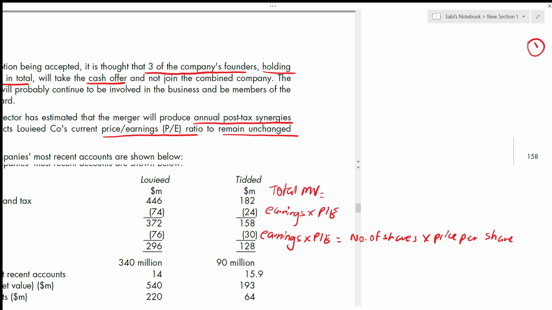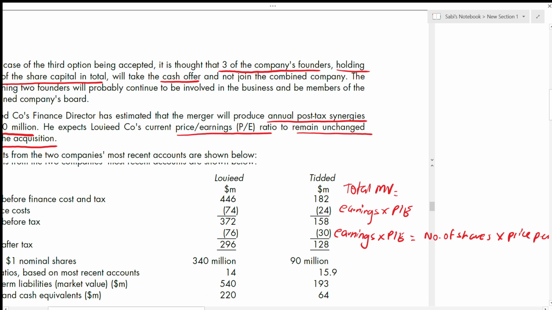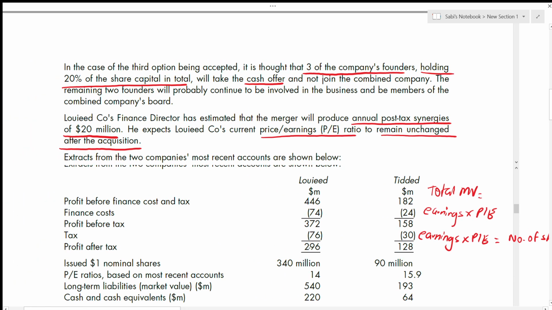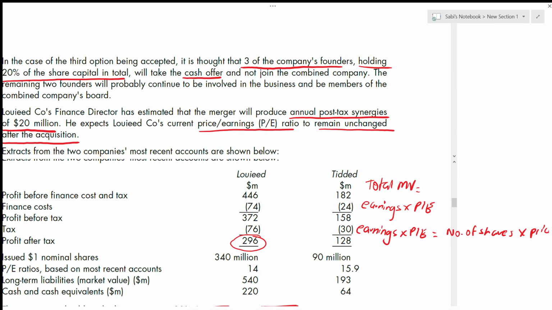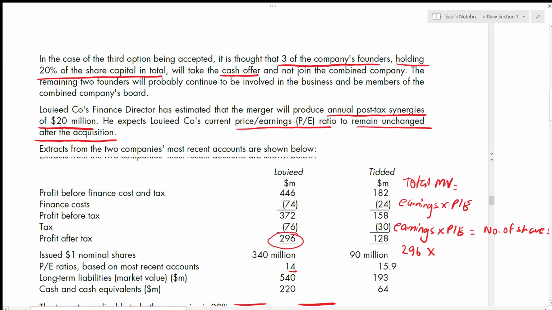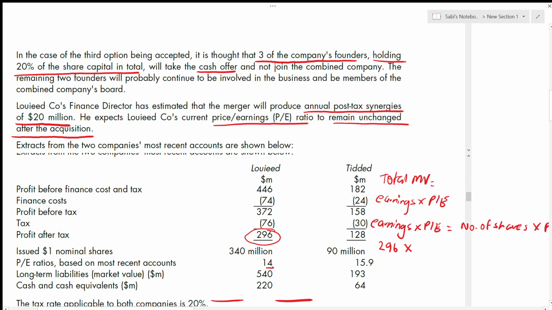Total market value also. Earnings we have. What is the earnings of L? It is this. Always profit after tax is your earnings. You have to take this figure, right? So your earnings is 296 multiplied by price earnings ratio is 14. It is here. Even here they have told that after acquisition it will remain unchanged.